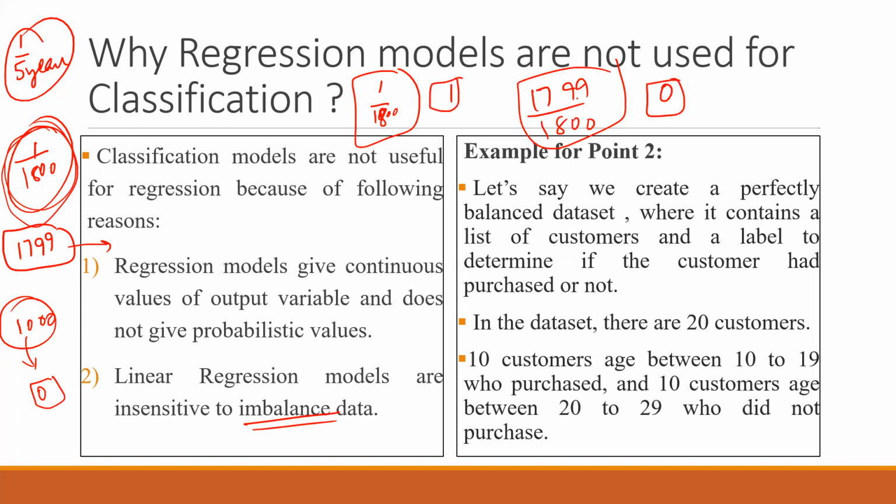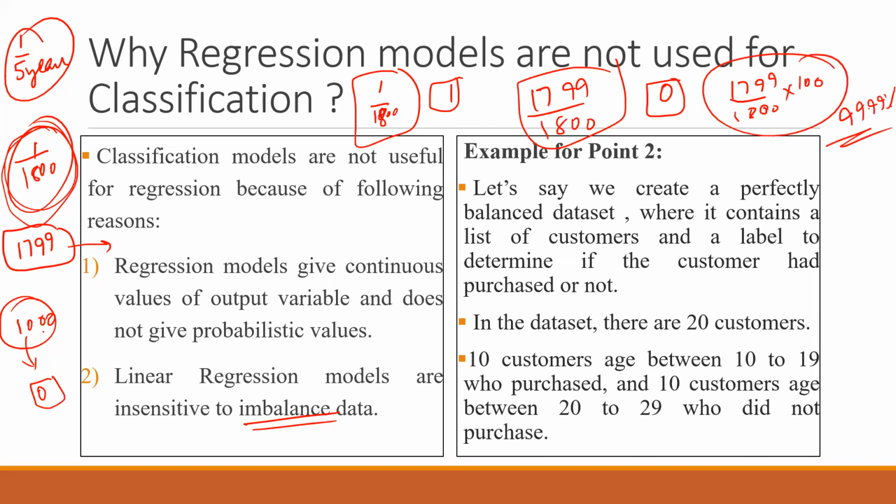So your model generalized that whatever the data is, I have to say 0 every time, because in any case it will be 1799 out of 1800, so nearly 99.999% accurate.